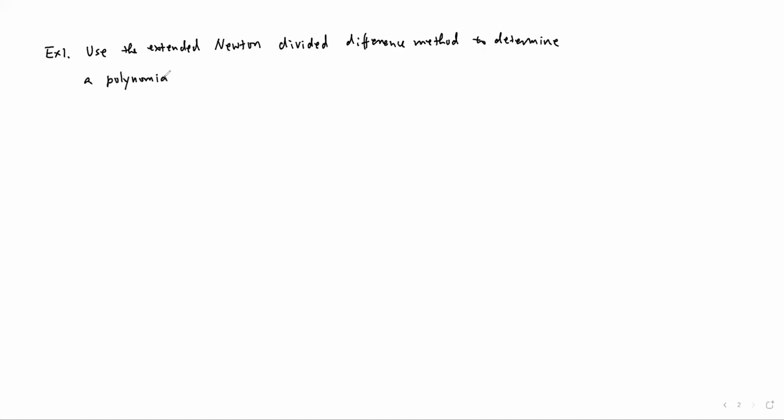Example 1, under this topic: use the extended Newton divided difference method to determine a polynomial that takes the following values.